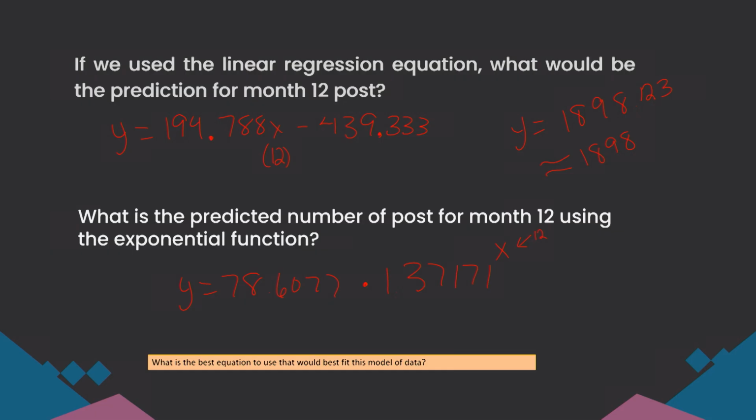So I have 78.6077 times 1.37171, my exponential key, and I'm going to put a 12, and I get, obviously, we can't have a portion of a TikTok, so it's going to be roughly.